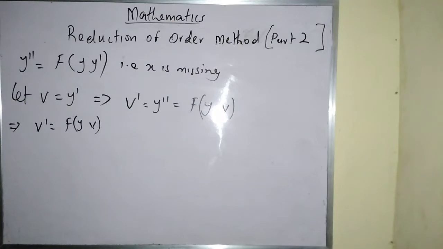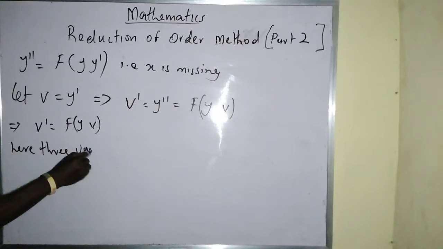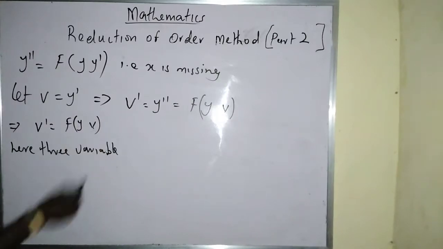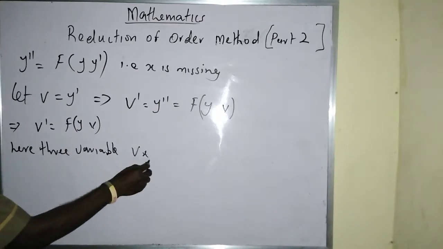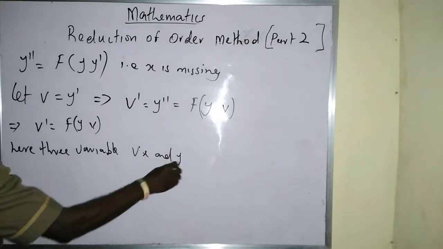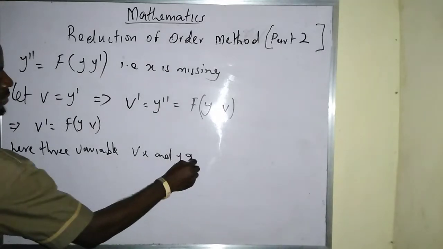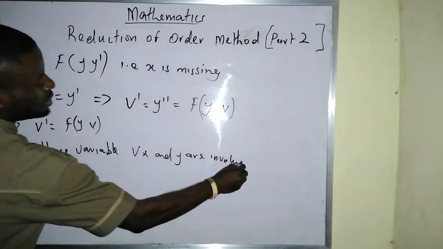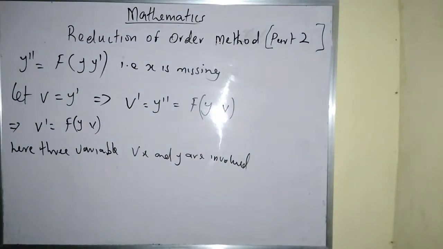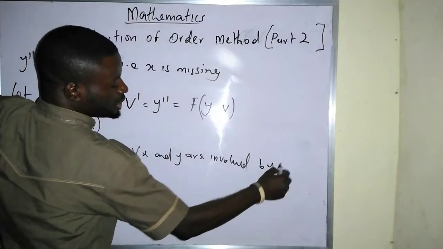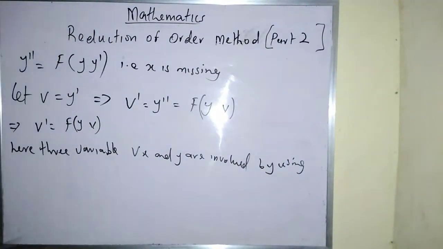If I have a function of u prime, hence, now, here, note, here, 3 variables, v, x and y are involved by using function of function, or the standard name is called chain rule.